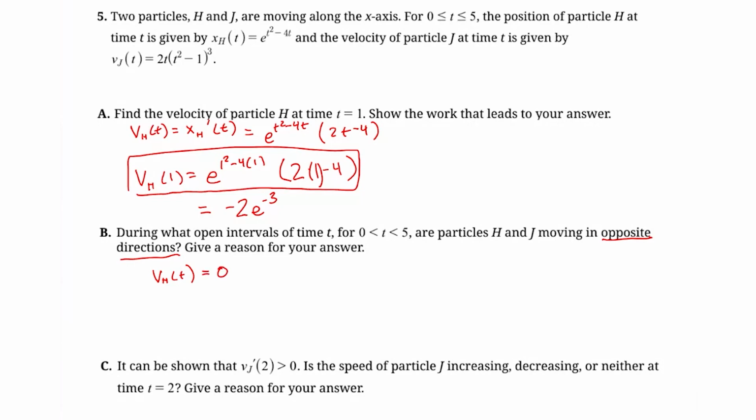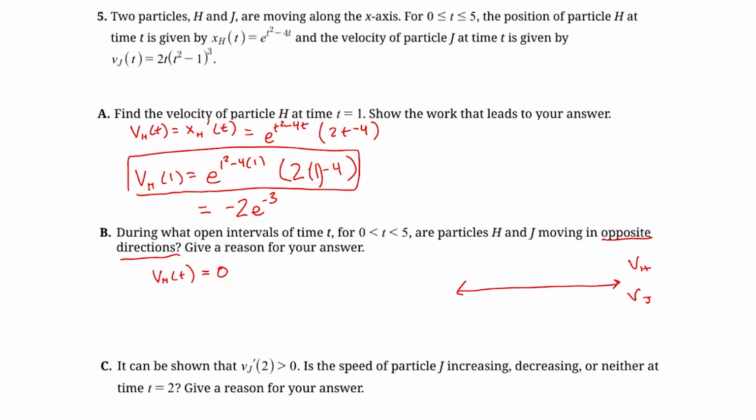When is that 0? What we want to do is construct a number line here for both the velocity of particle h and the velocity of particle j, and keep track of when are they positive and when are they negative. Now, the only times that their signs can change would be whenever the function is either undefined or 0. Now, the function vh is never going to be undefined for any values of t, so we don't have to worry about that.